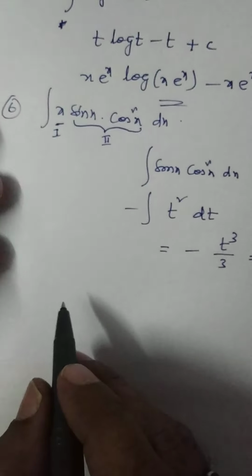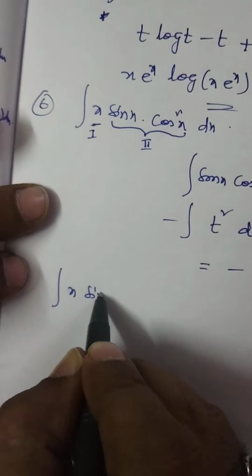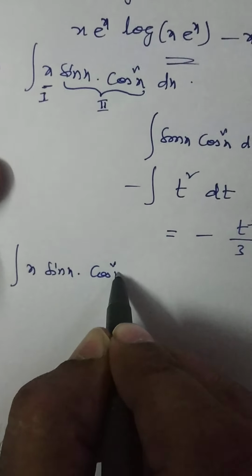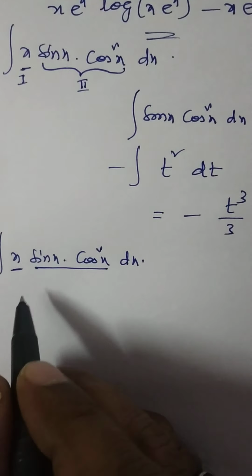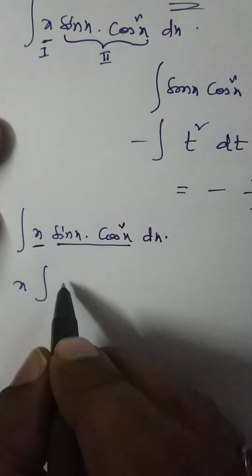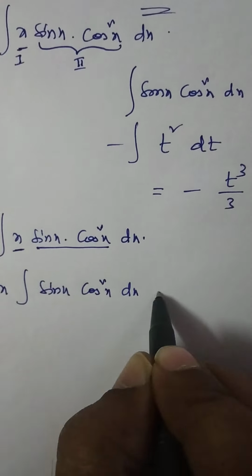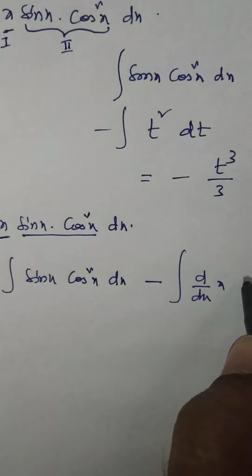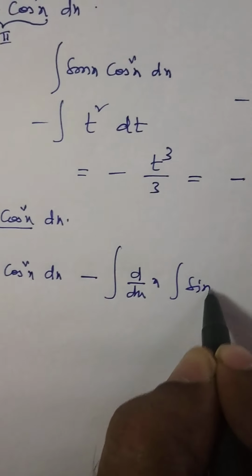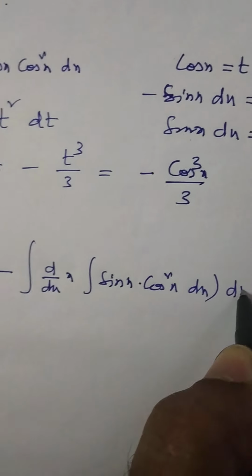So now let us start this directly, taking x into sin x into cos square x dx. I am taking x as the first function and this complete one as the second function. So x into integration of sin x into cos square x dx, minus integration of derivative of x into integration of sin x into cos square x dx, again whole dx.